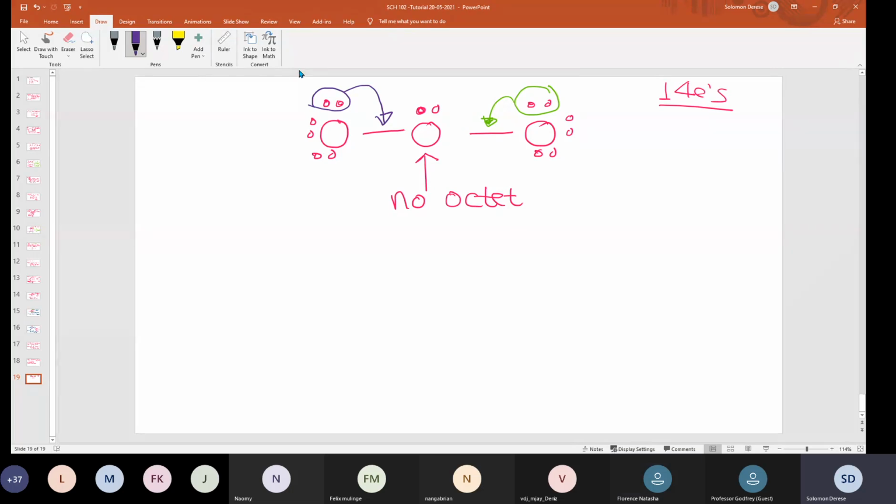You have that oxygen with 2 lone pairs, bonded to this oxygen, which has got 1 lone pair. This is a double bond, and then we have 3 lone pairs of electrons.